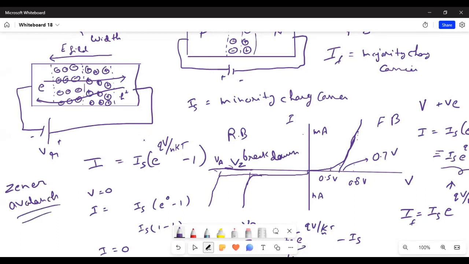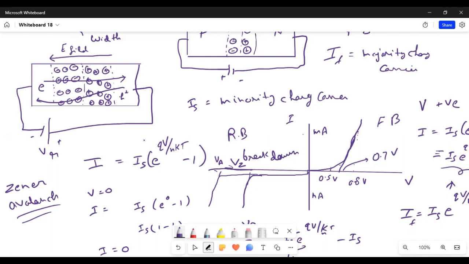What's the difference between Zener breakdown and avalanche breakdown? In Zener, the depletion width is not very thick. The field is high, so it breaks the silicon bonds, generating electron-hole pairs, and because of this field they move across, and we get a sharp Zener current. So it's called Zener breakdown.